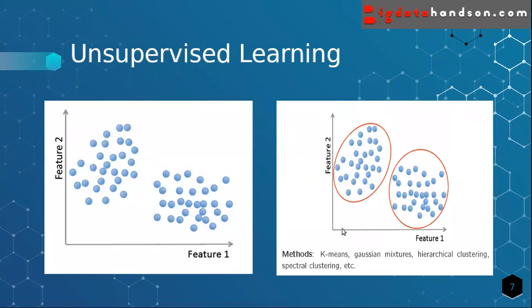The methods we have are k-means, Gaussian mixture. These are some algorithms of unsupervised learning: k-means clustering, hierarchical clustering, Gaussian mixture, spectral clustering.